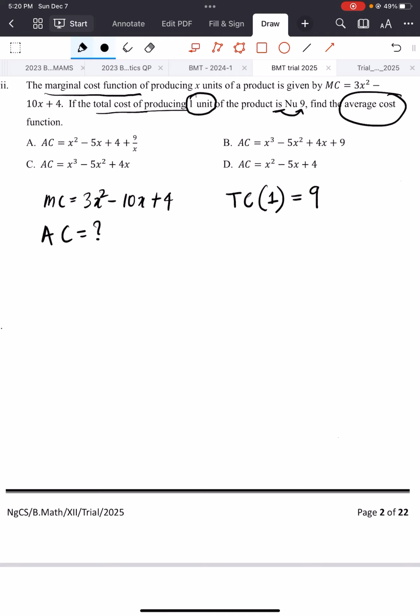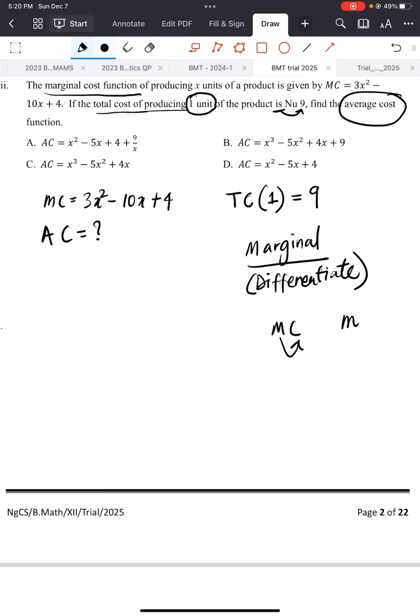Now what you should know is, when you talk about marginal, it's a prompt asking you to differentiate. Because if you have marginal cost, it means differentiate cost. If you are talking about marginal revenue, it means differentiate revenue. Similarly, you have here the word average, right?